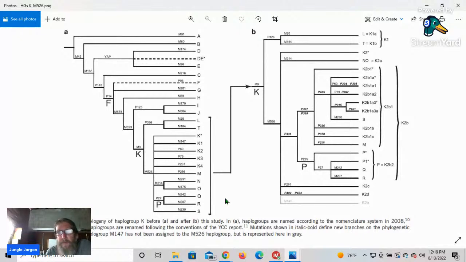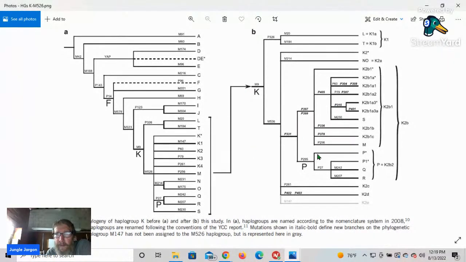And of course, K is a category. It's also a lineage because you have all these lineages here of K, S, K, and M, which is all the same lineage. So it's not only a category of everybody, the way they have it, it's an individual specific lineage as well.